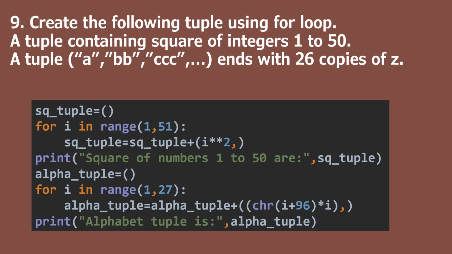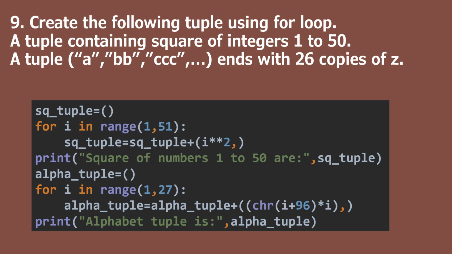With this, at each iteration the next value will be added. The first value of this tuple is 1 to the power 2, that is 1. Since there is a single value in this tuple, you have to use a comma over there. The second is 2 to the power 2, that is 4, next 3 to the power 2, that is 9. Like this, it will continue to store till 50 square.